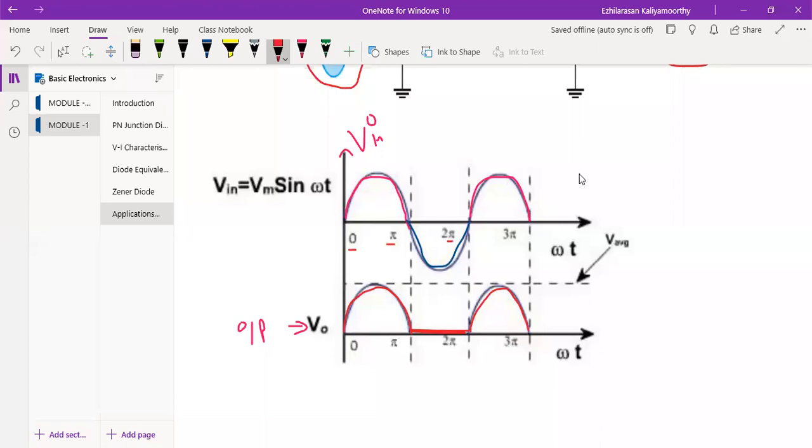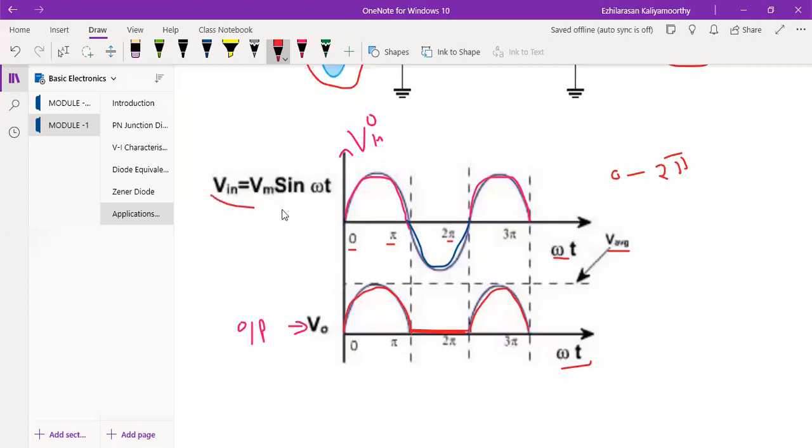For one complete cycle we take 0 to 2 pi, the full cycle. That is the interval actually. This is your omega t. Now the peak you are getting, they will normally call the average voltage.